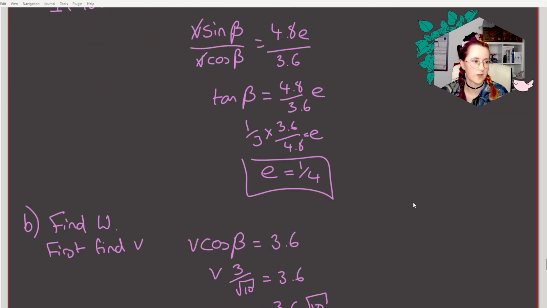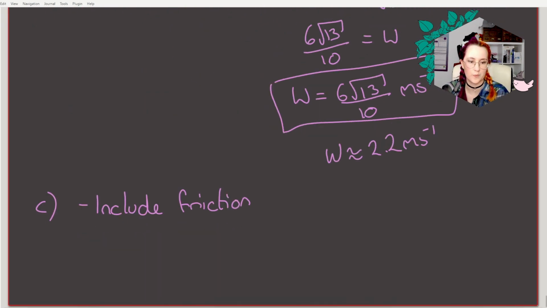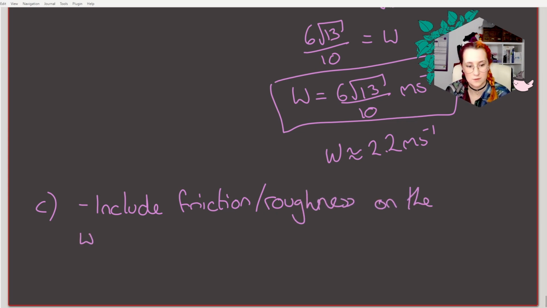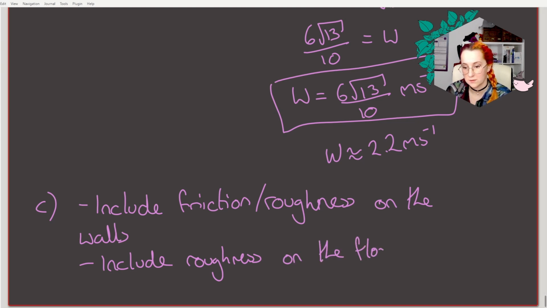Oh, yeah, so I suppose the two bits would be friction or roughness on the walls, and then also include roughness on the floor. Right? It's rolling across a floor. It's probably not a smooth floor. So that might be a more interesting problem. Also considering the fact that the particle has size and maybe it deforms, all of that stuff.